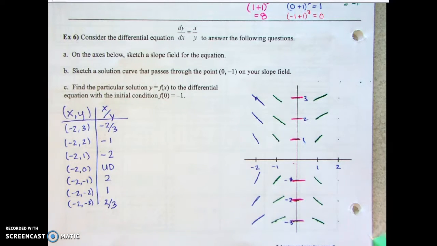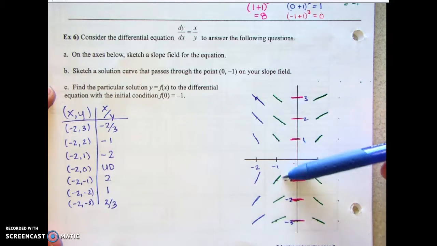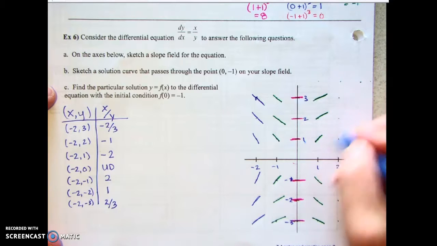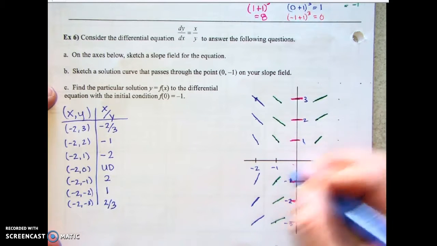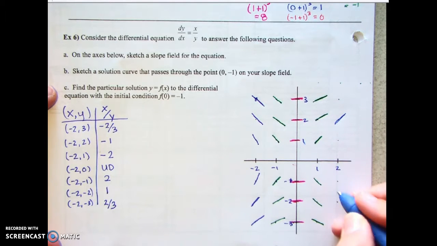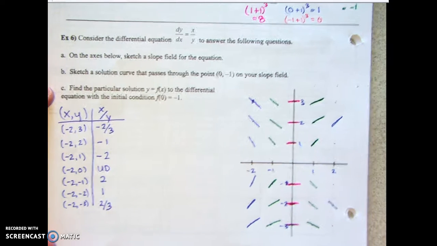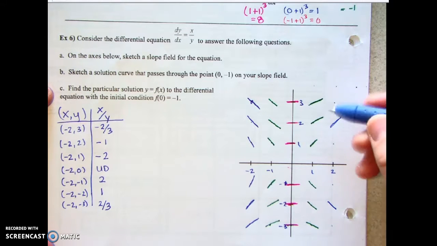So the previous ones we did were kind of easy. You could kind of see a pattern. But this one, even though there is a pattern, pretty much every single one is different. And you need to think about that. But there is a pattern on the diagonal here and on the diagonals here. So this one is a +1, 1, 1. 2 divided by 2 is also 1. And 2 divided by -2 would be a -1 slope, like that. But then the others, the fractions, I need to think about.